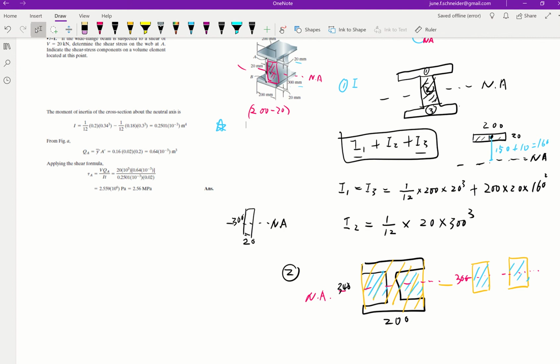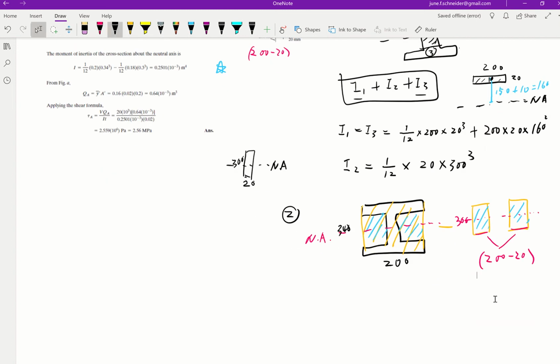And another way, actually, I'm going to combine these two rectangles to be one shape together. So they're going to add together to be 200 minus 20. Okay.